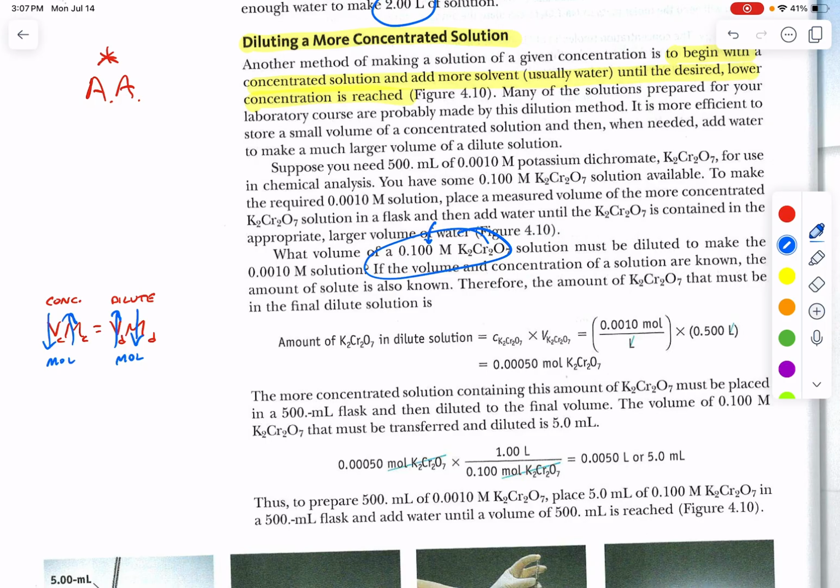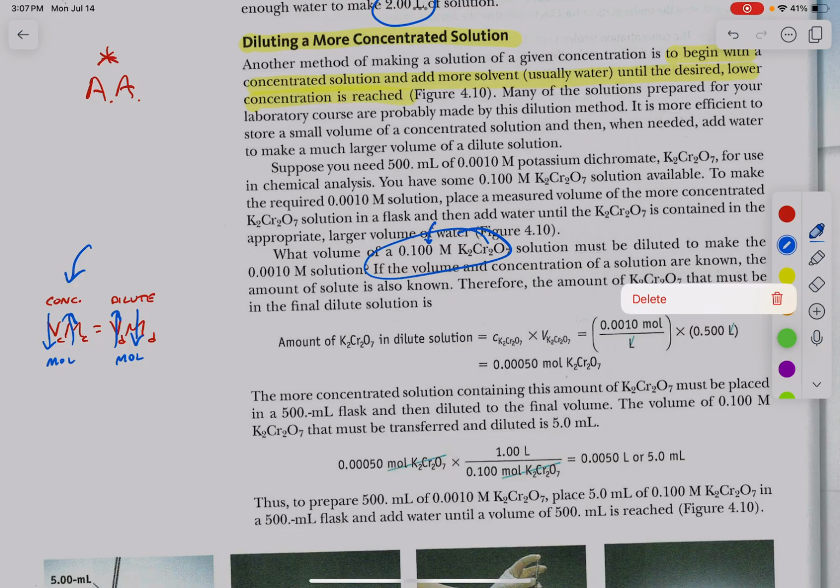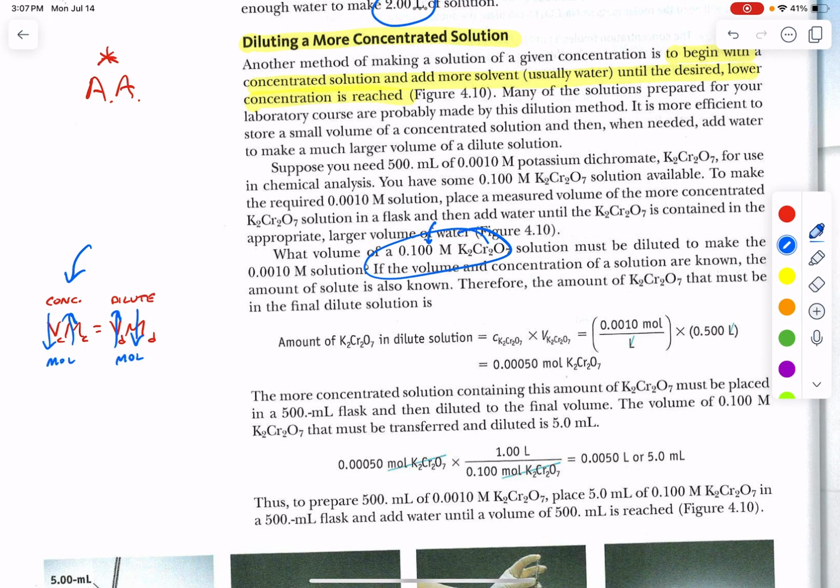So I'm going to take my concentrated potassium permanganate solution, and I'm going to know its molarity because it came from the chemical supply company, but I don't know what volume of that concentrated liquid I'm going to need.